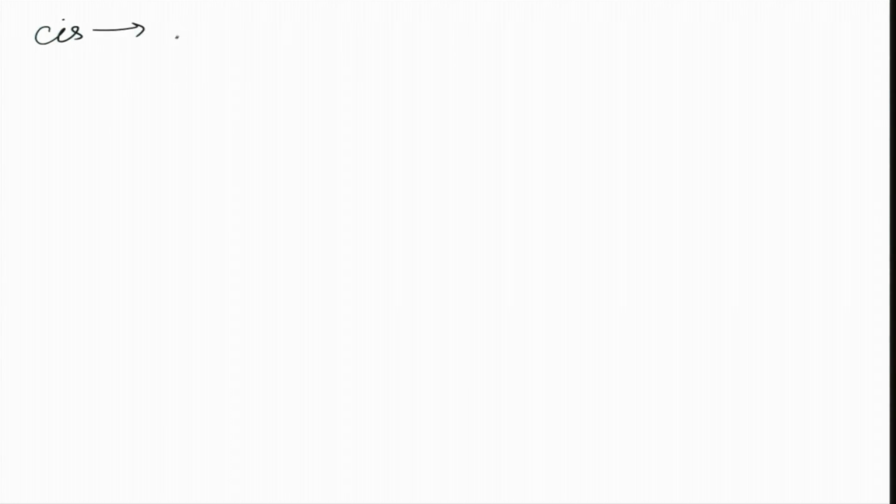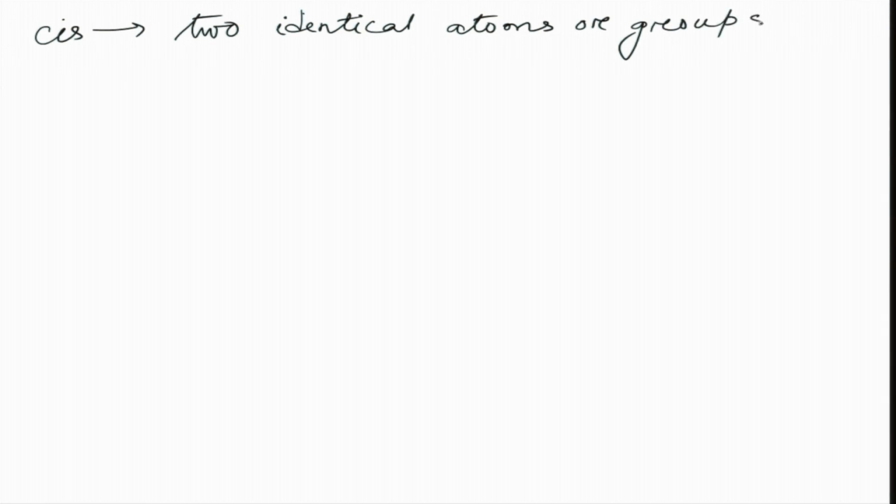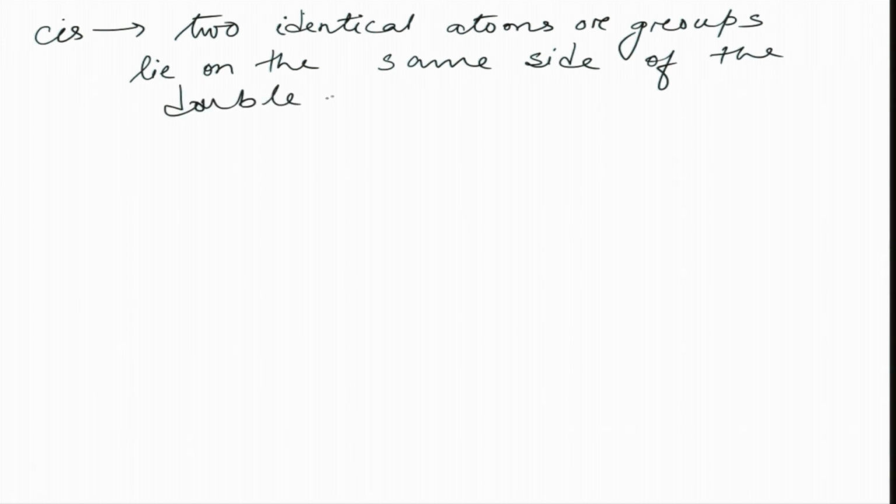Cis is when two identical atoms or groups lie on the same side of the double bond.